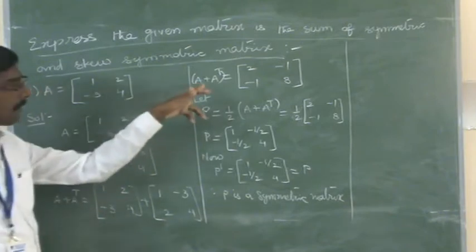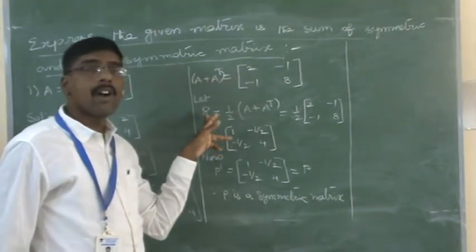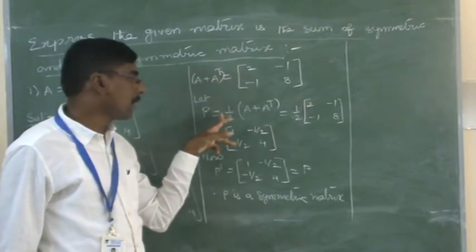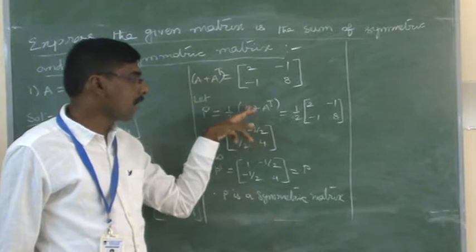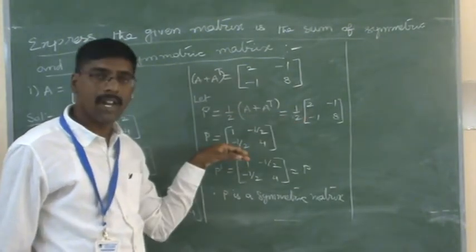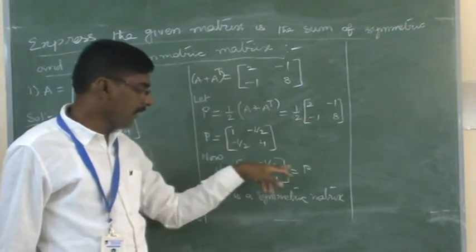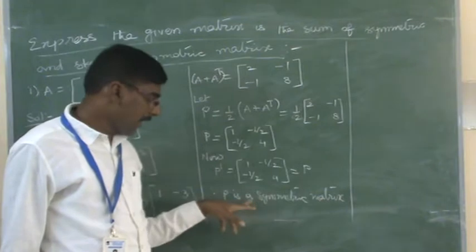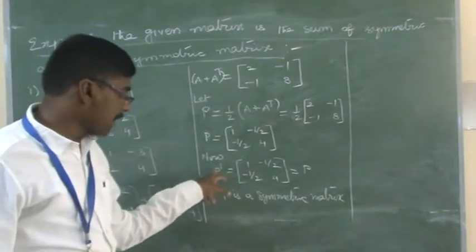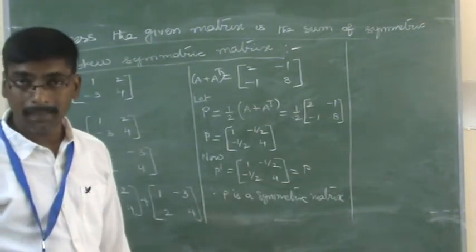Then we find the matrix P, which is 1 by 2 times of A plus transpose of A. We need to find transpose of P also, and we will get the same matrix P. Here we have to know that P is a symmetric matrix. P transpose is equal to P.